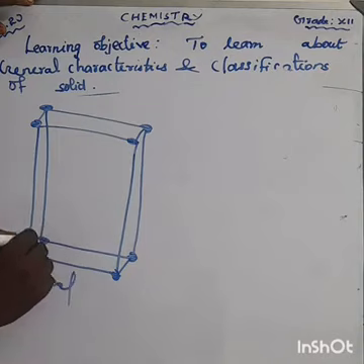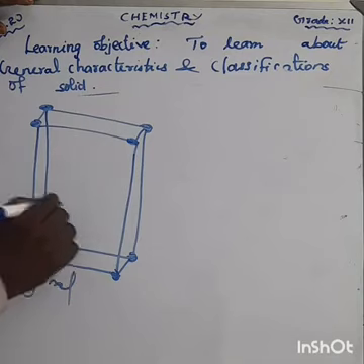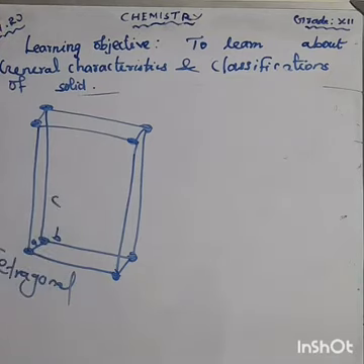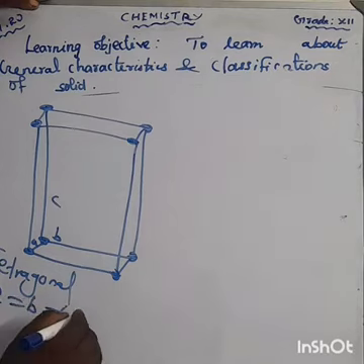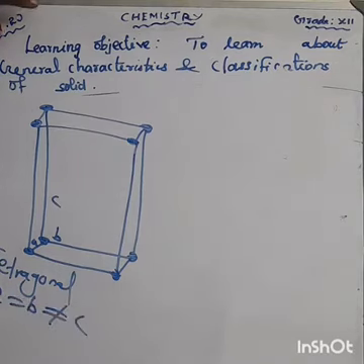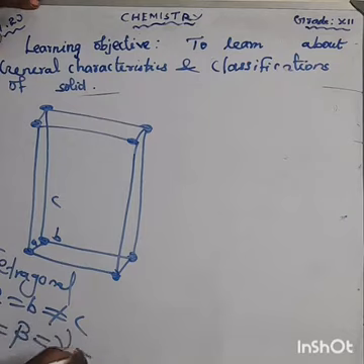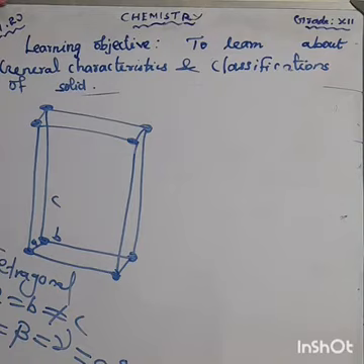Here a is equal to b is not equal to c. Alpha is equal to beta is equal to gamma, and it is 90 degrees.